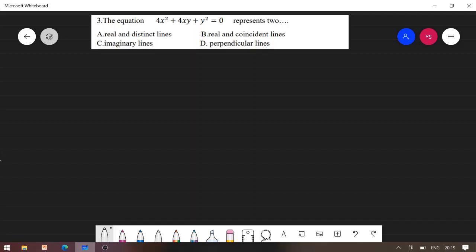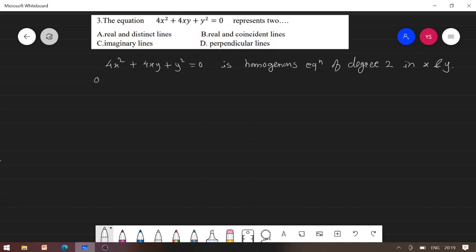So look carefully at the given combined equation 4x square plus 4xy plus y square equals 0, which is a homogeneous equation of degree 2 in x and y.